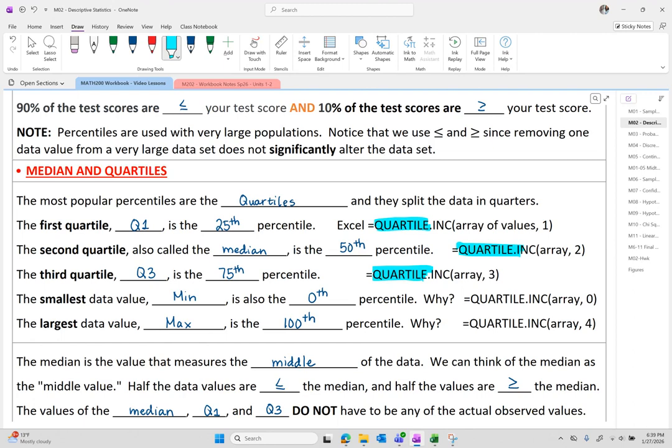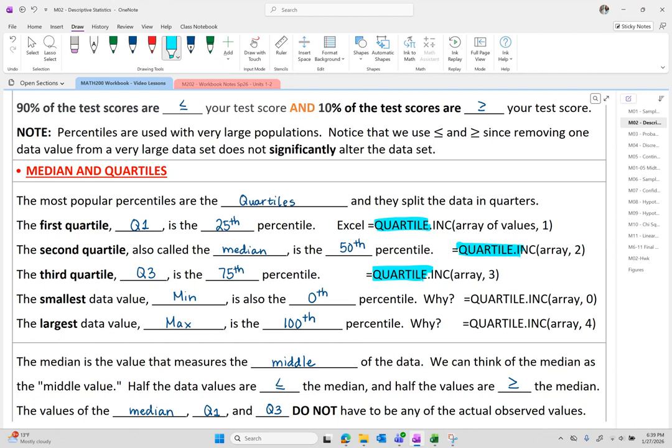All of these quartiles are found with the same function in Excel, the quartile function. You give it the array of all your values, and then you select 1, 2, or 3 for the first, second, or third quartile. You can also use the same function to find the minimum and the maximum value of the data, because they are the 0 quartile and the 4th quartile.